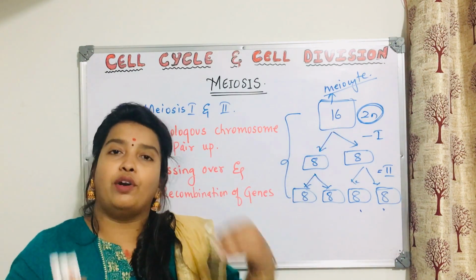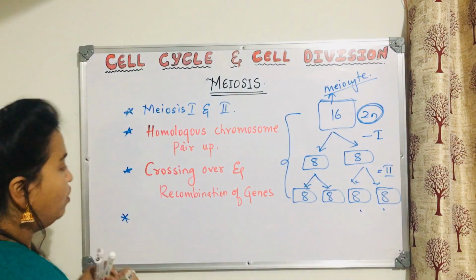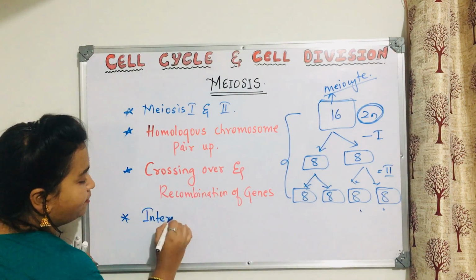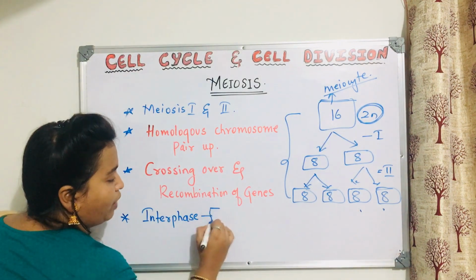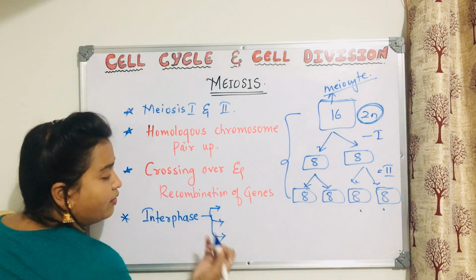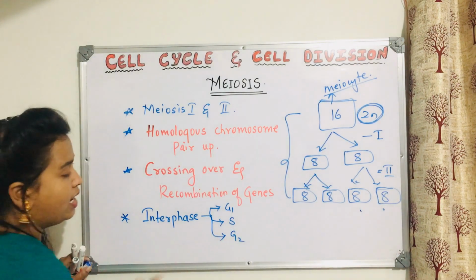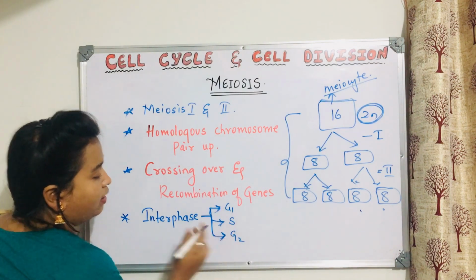Obviously it has to undergo interphase, wherein it again undergoes what? So in meiosis also you find interphase. In interphase of meiosis also you have the 3 phases. You know which are the phases? G1, S and G2.